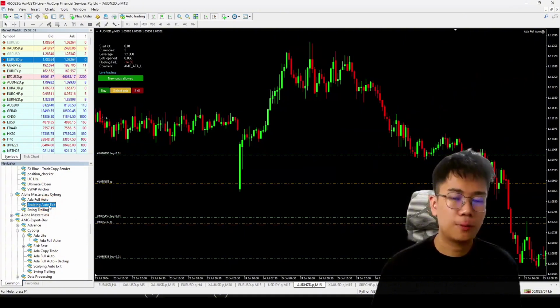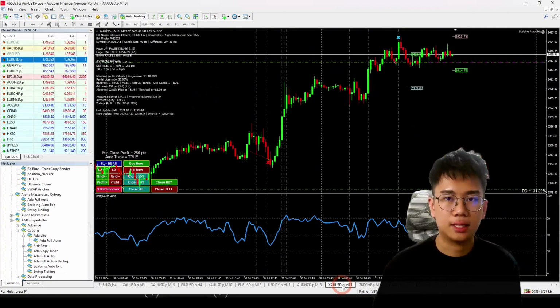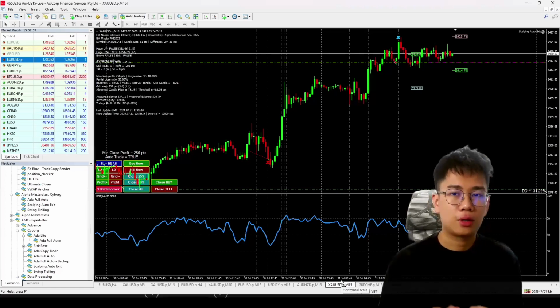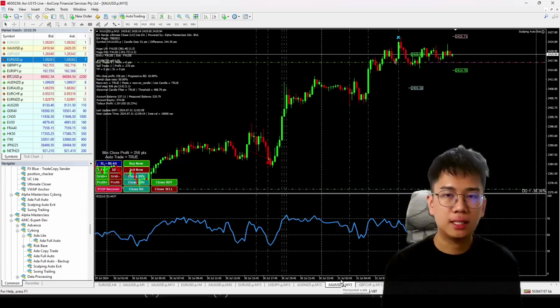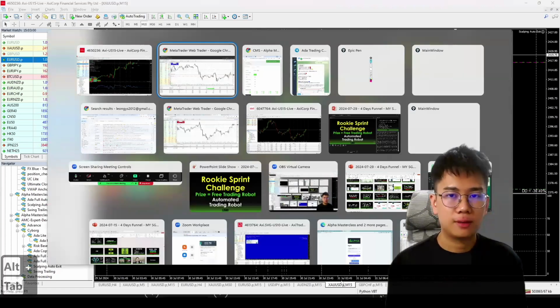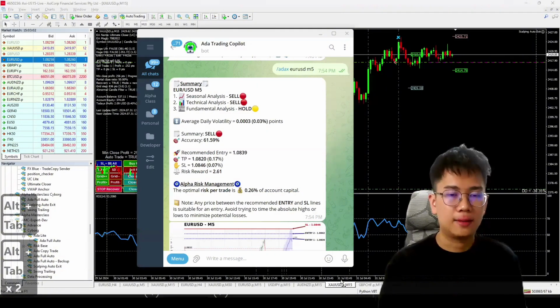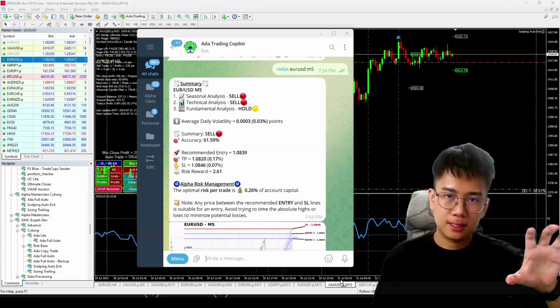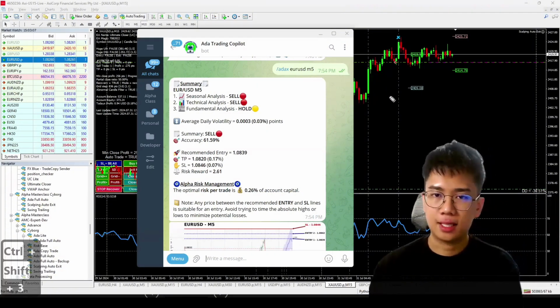Next is scalping auto exit. This is a robot that can be very helpful collaborating together with the other robot, ADA. Now remember, what is co-pilot?